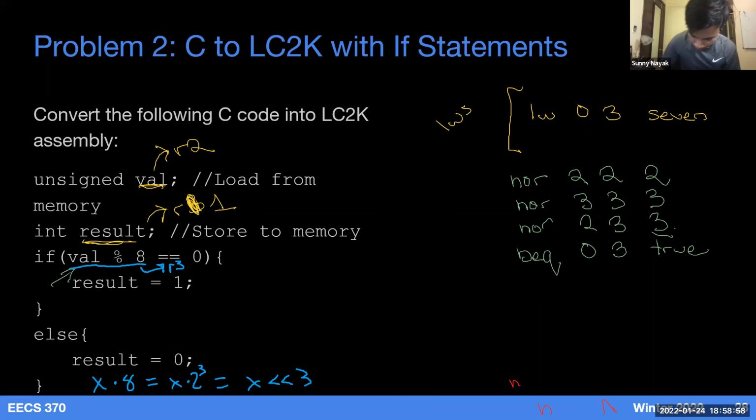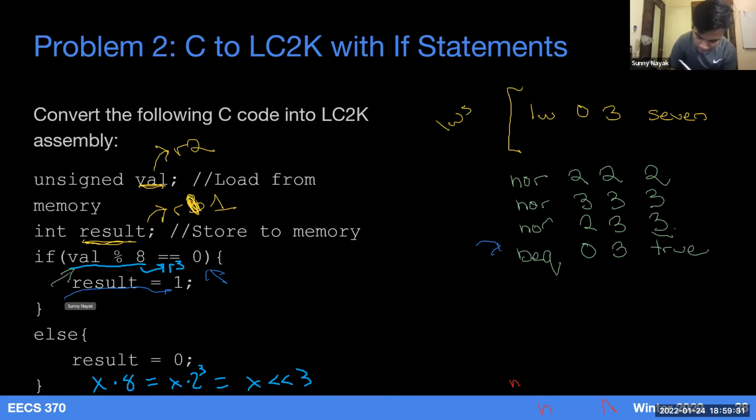Awesome. Okay, so now let me switch colors really quick. So now we've successfully done the operation inside the condition, and going back to what we were talking about earlier with if blocks, if this condition evaluates to true, which is essentially what we're checking here, I want to execute result is equal to 1.